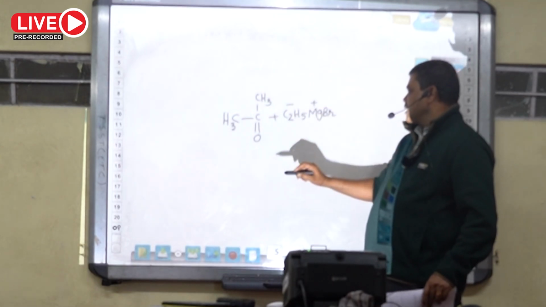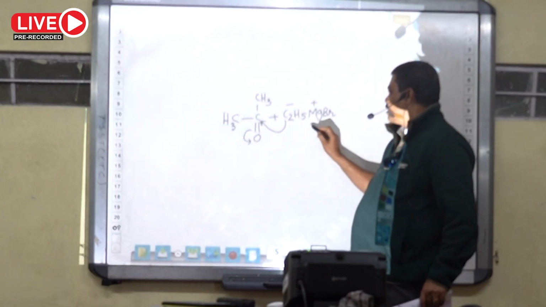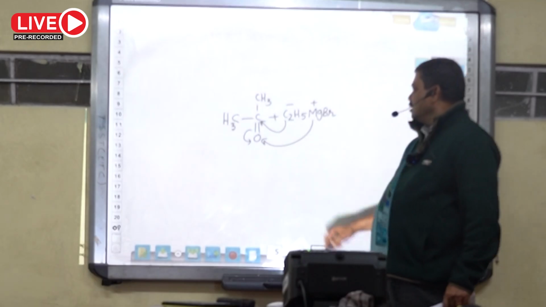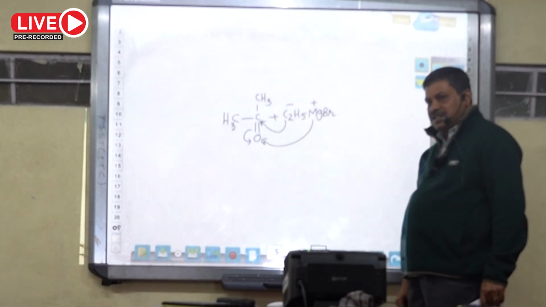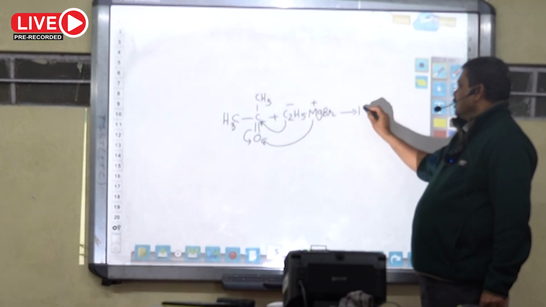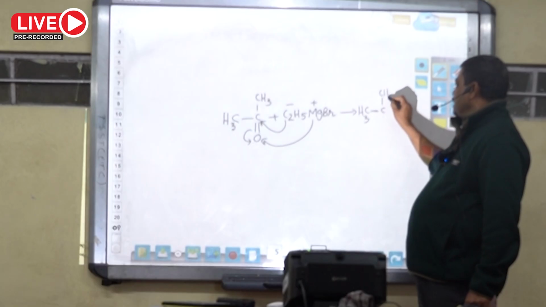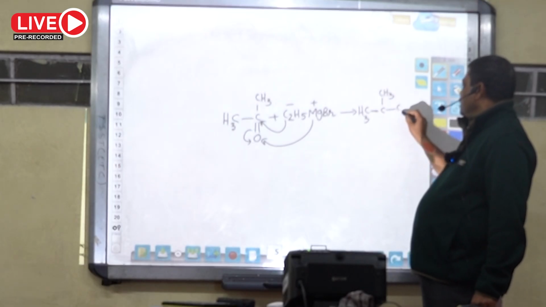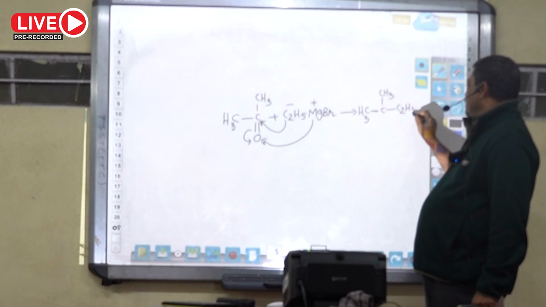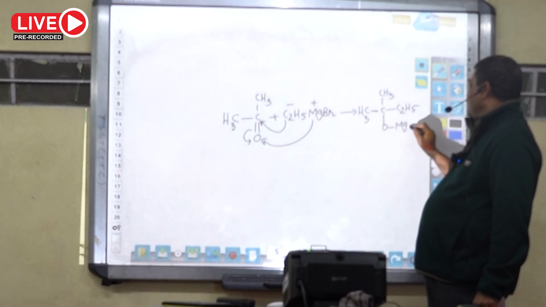This is minus, this is plus. It is called nucleophilic addition. So you will get CH3, C, CH3, C2H5, OMgBr.